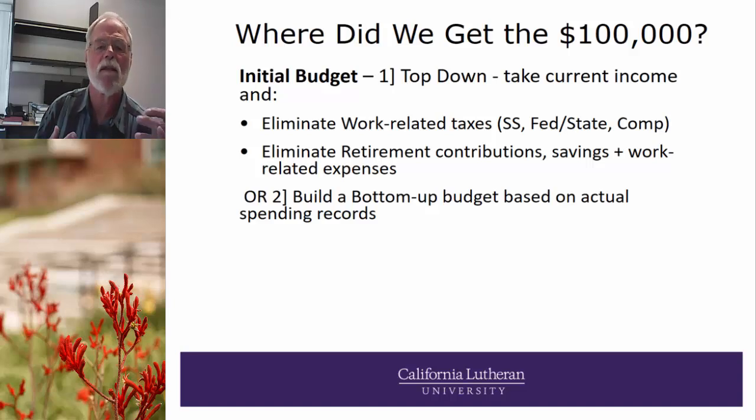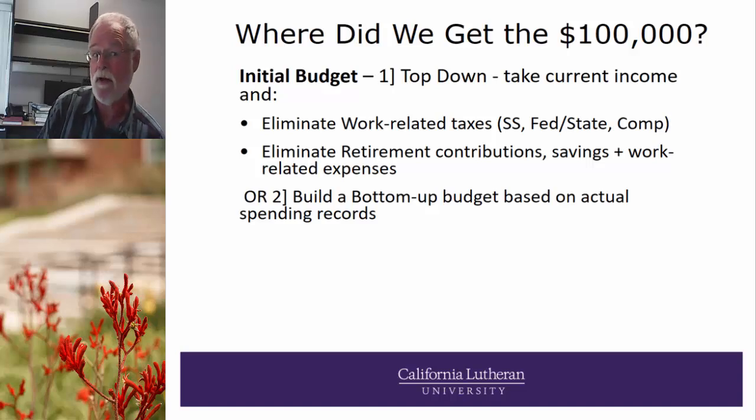So we take the current or pre-retirement income, and now you can eliminate any work-related taxes, federal and state taxes, because you're not going to be making nearly as much income, Social Security, disability, and any other compensation taxes that are going to be withheld.